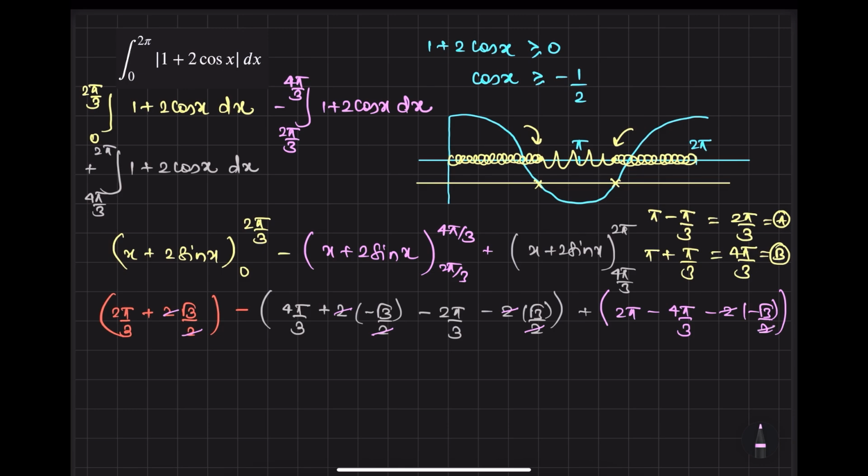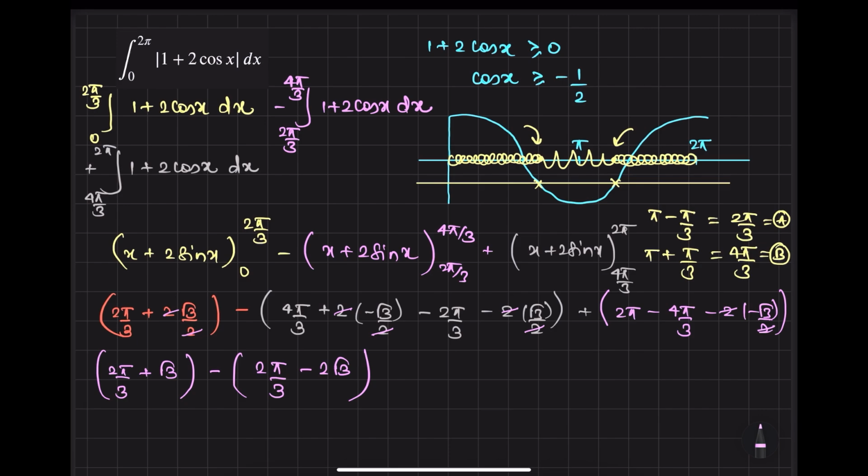Let's write down the required result. So 2 pi by 3 plus root 3. This is the first part minus the second part. So 4 pi by 3 minus 2 pi by 3 is 2 pi by 3. And then minus root 3 and minus root 3, so minus of 2 root 3.